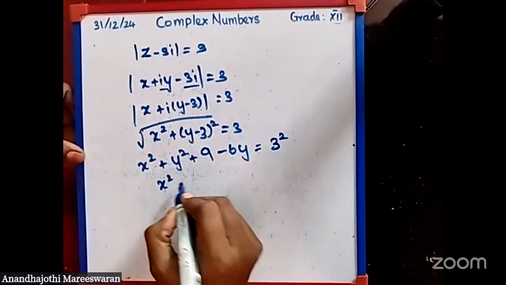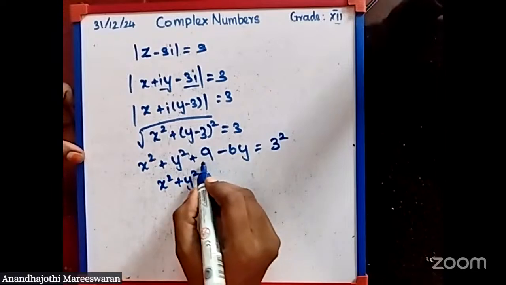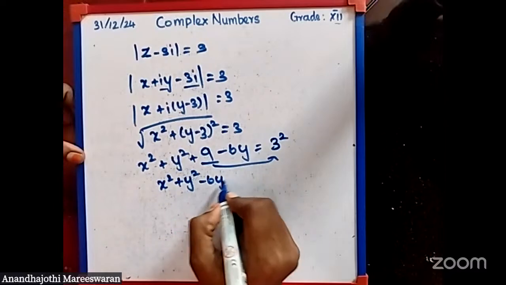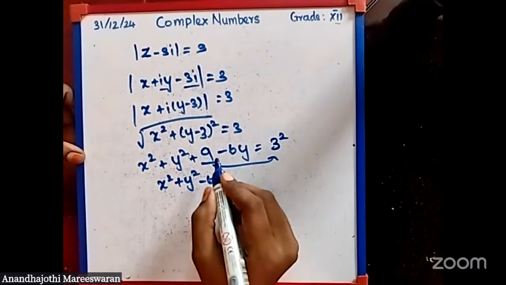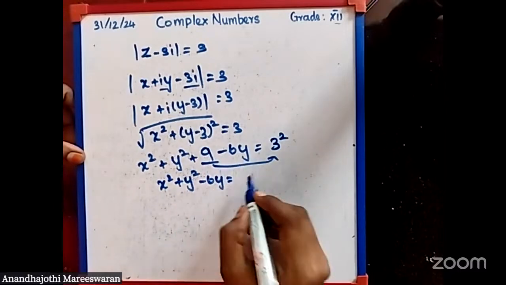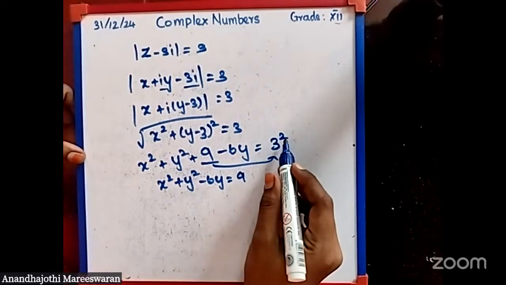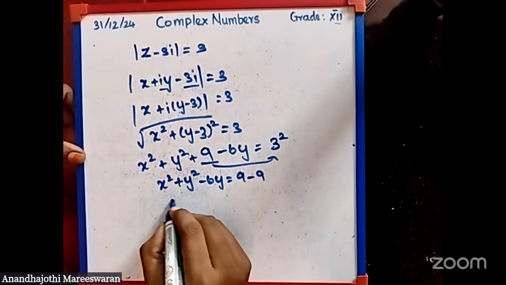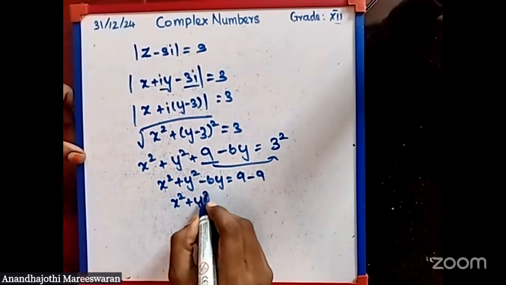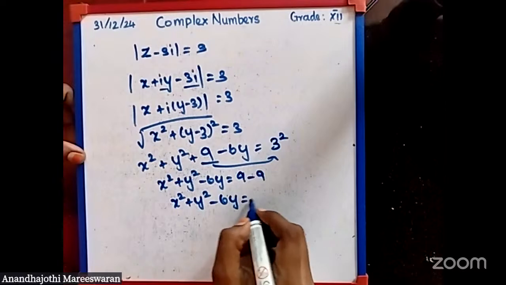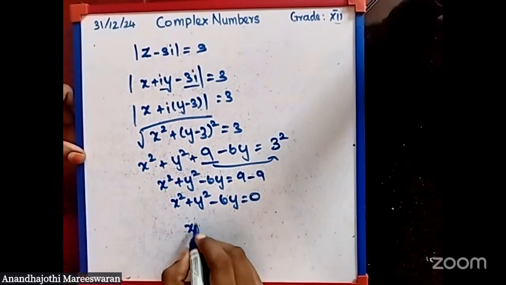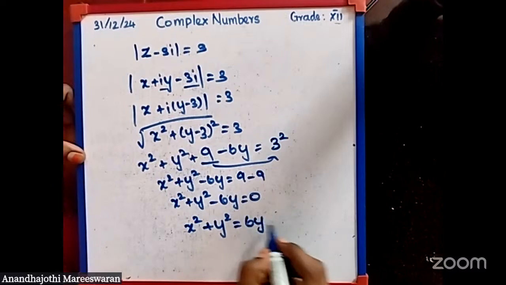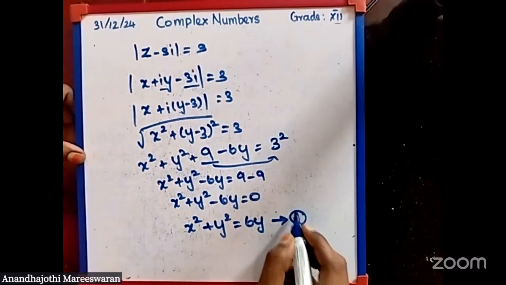So x squared plus y squared plus 9 minus 6y equals 9. Moving the 9 to the other side, it becomes minus 9, so x squared plus y squared minus 6y equals 0. I will rewrite it as x squared plus y squared equals 6y. I am going to note it as equation 1.